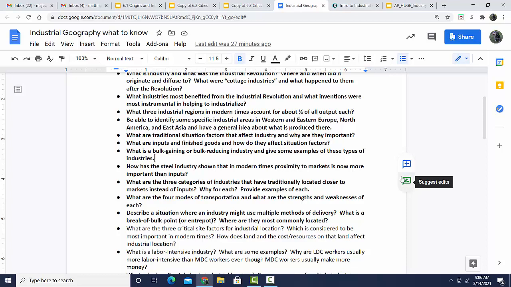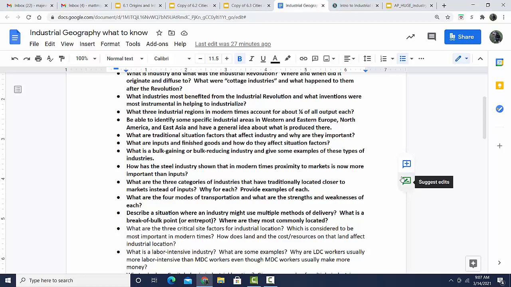Less space taken up in your facilities and warehouses, and just more production as a whole. Okay, so now steel industries are starting to locate much further from their resources than ever before. We're actually seeing them located in some instances right overseas. China is massively picking up a lot of steel production, and companies are still able to transport that steel back to the United States and make it cost effective.